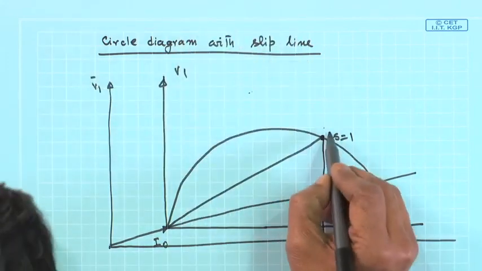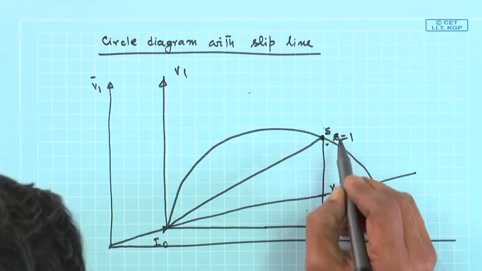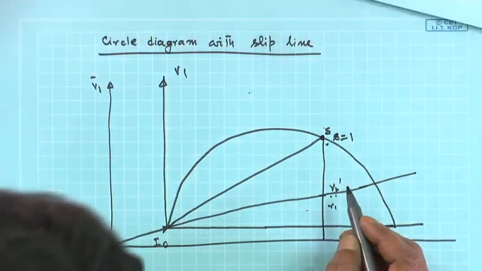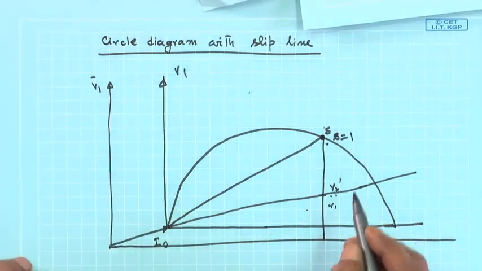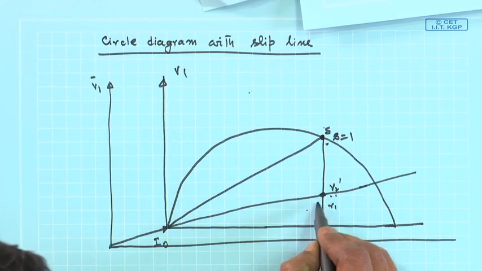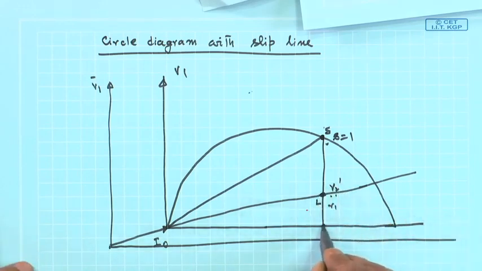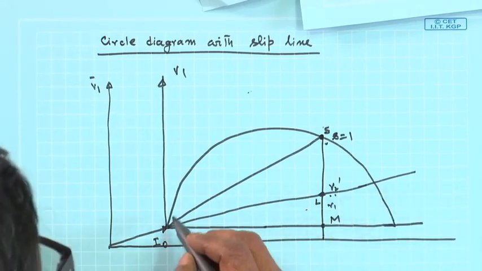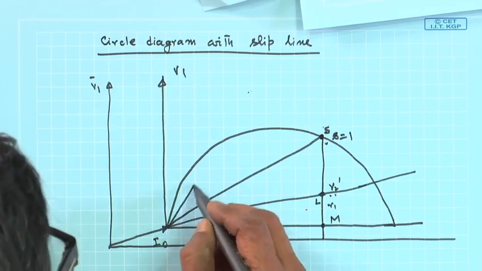It is the earlier diagram only that I am drawing. So, this is capital S, this point is suppose L, and this point is suppose M.